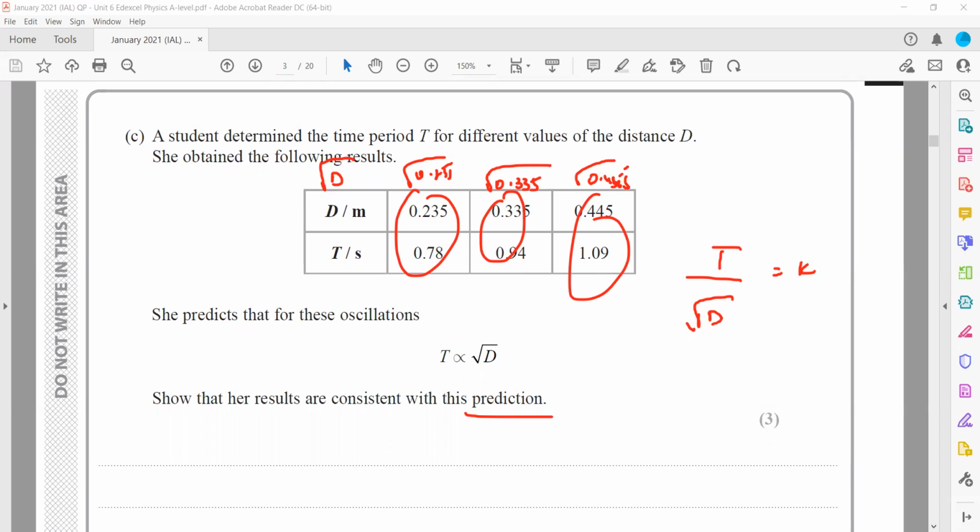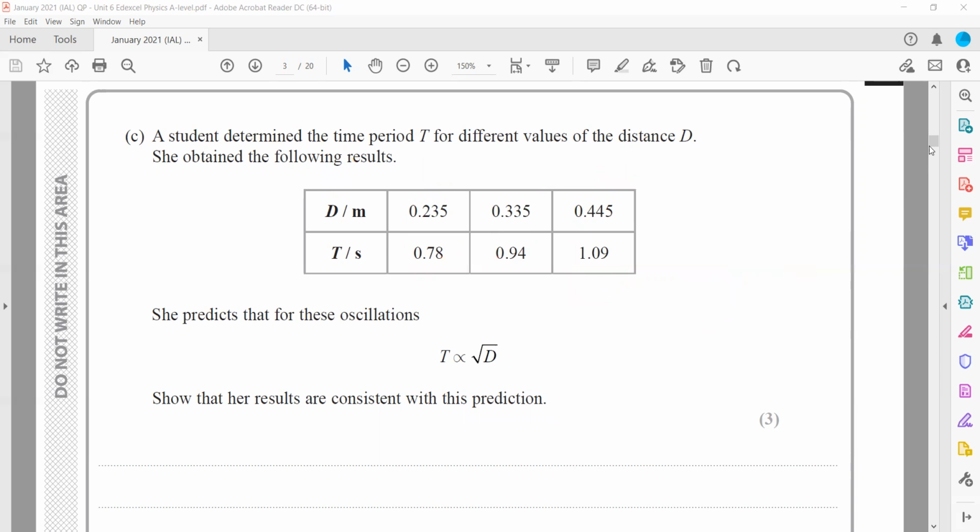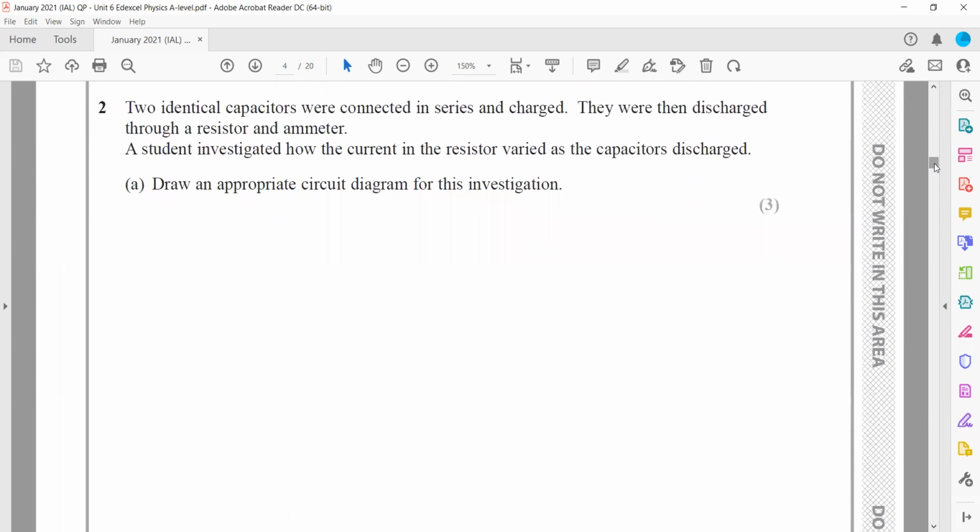Is it clear how we make sure that T divided by the square root of D is constant? And if it was inversely proportional, then the product should be constant.